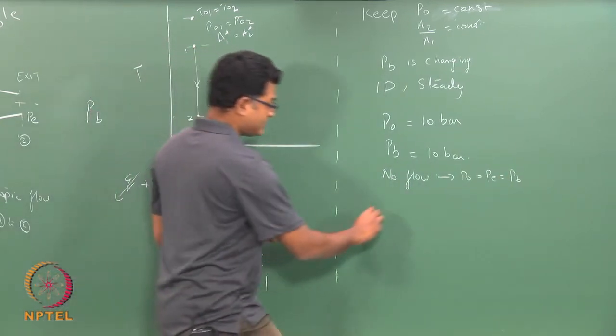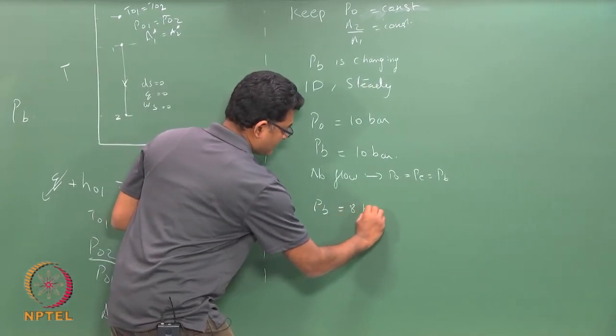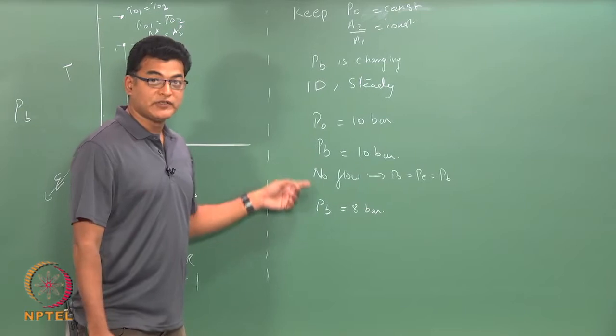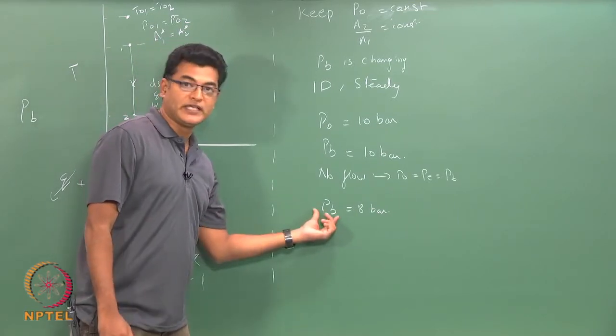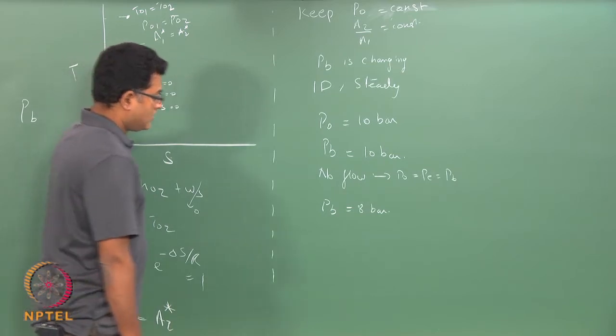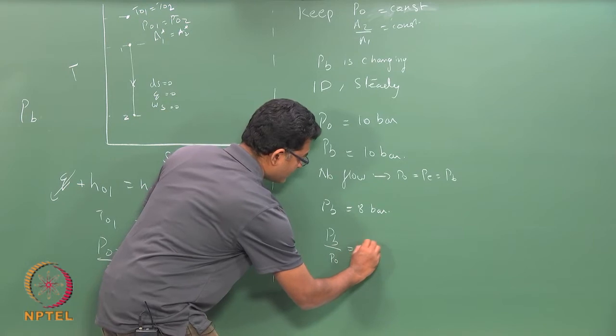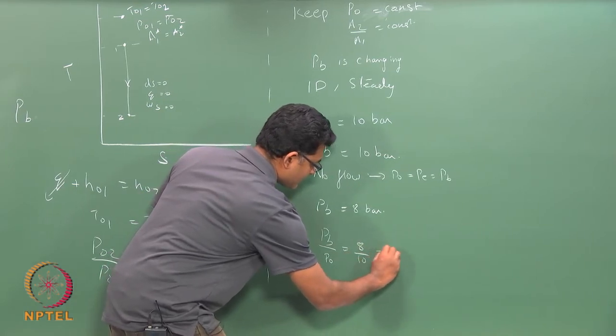Now, I decrease this Pb further to 8 bar. So, as I told you, I am not continuously changing. This is a new experiment with 8 bar as my back pressure. So, my Pb by P0 is 8 by 10 equals 0.8.